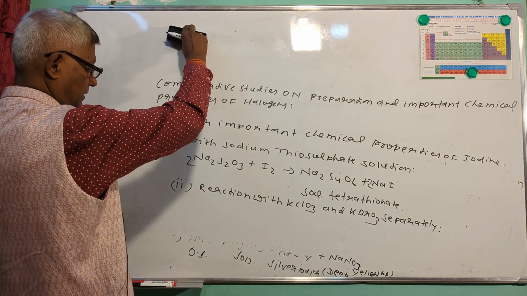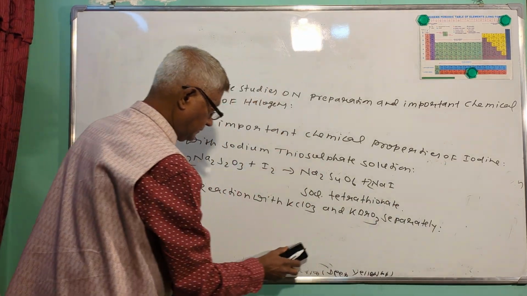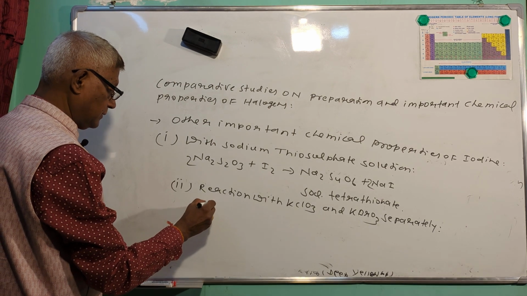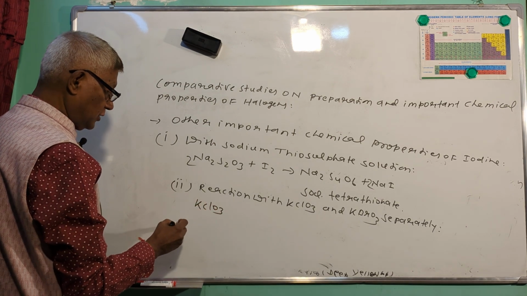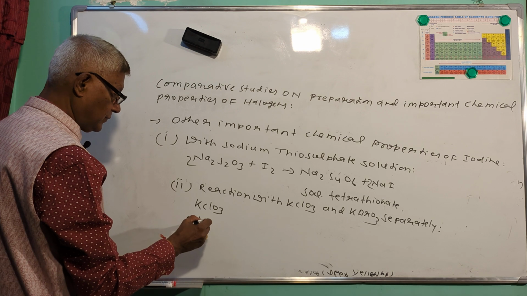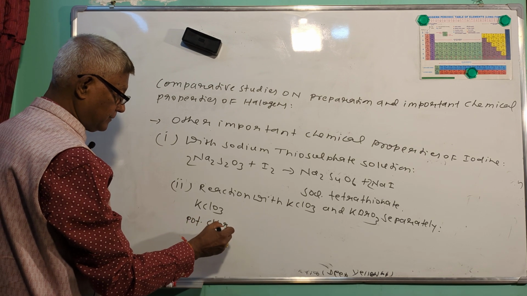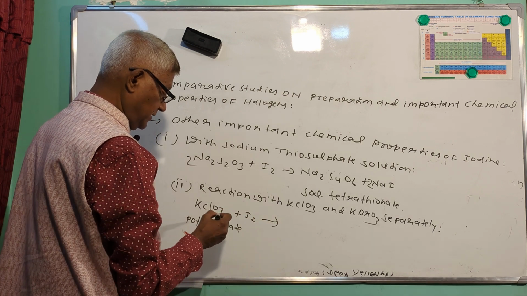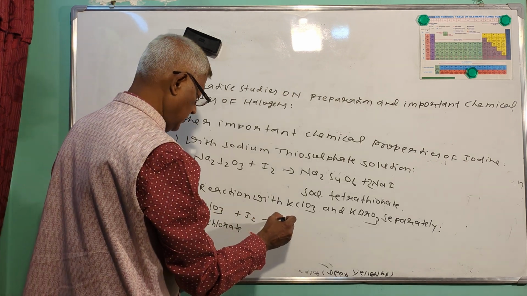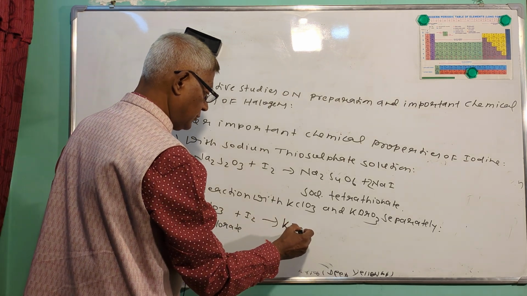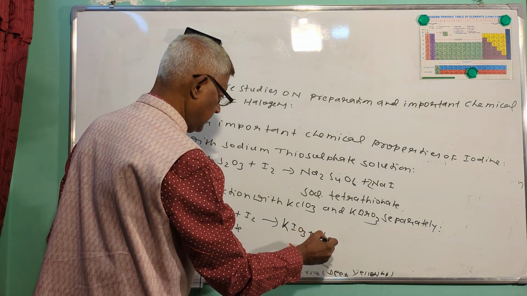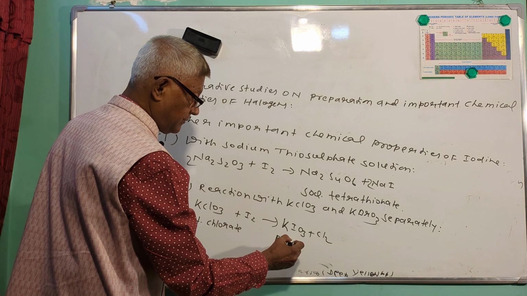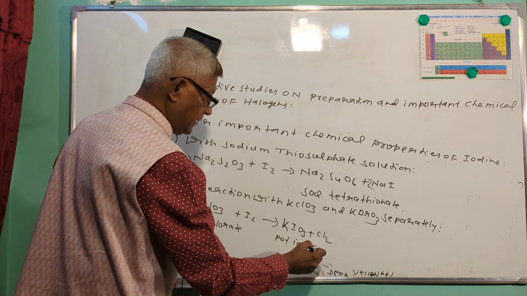KClO3 is potassium chlorate. When that is treated with iodine, iodine substitutes the chlorine. What do we get? KIO3 plus chlorine. It displaces the chlorine over here. That is potassium iodate.